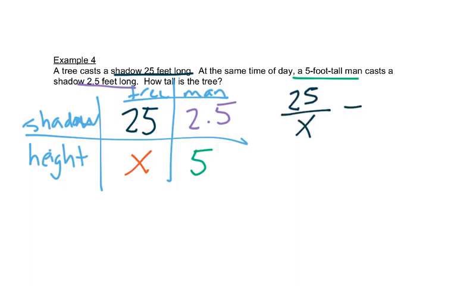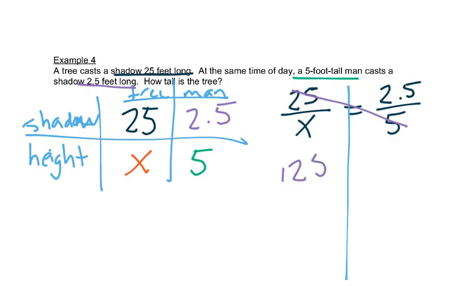So then now we can write 25 over x equals 2.5 over 5. We can draw our line, cross multiply, find the cross product. So 5 times 25 is 125 equals x times 2.5, we'll just write as 2.5x.